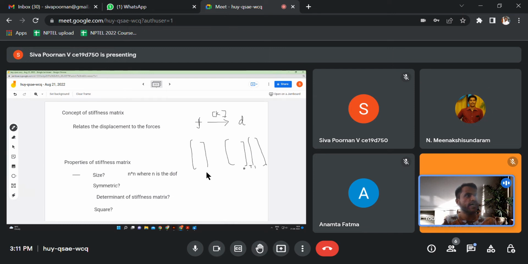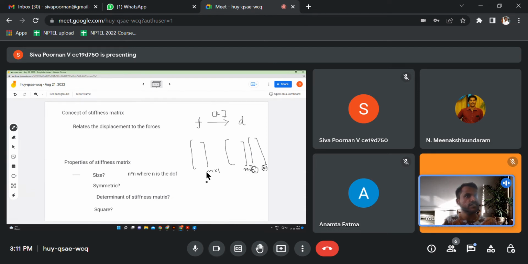So if you have m cross n, and you have n cross 1, then you get m cross 1 here. This gives an idea of why this should be n, because it has to multiply with this n. That's how matrix multiplication is possible.